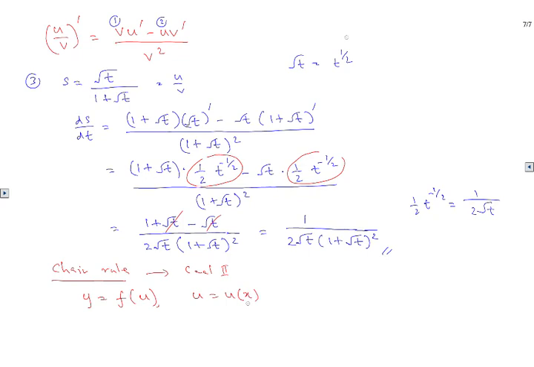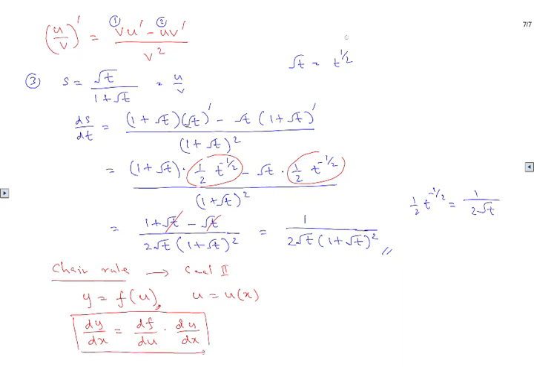So u is a function of x, and f is a function of u. Now the question is, what is dy by dx? We're going to take the derivative of f with respect to u first, and then multiply by du over dx. Okay, so that is the chain rule formula.